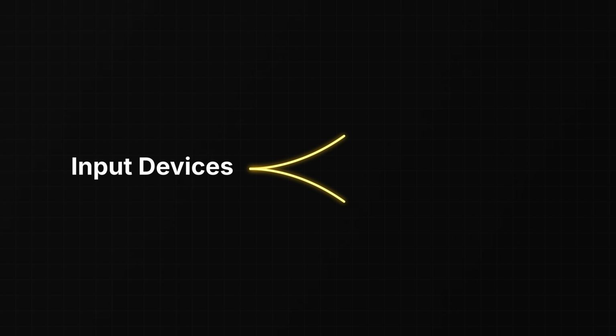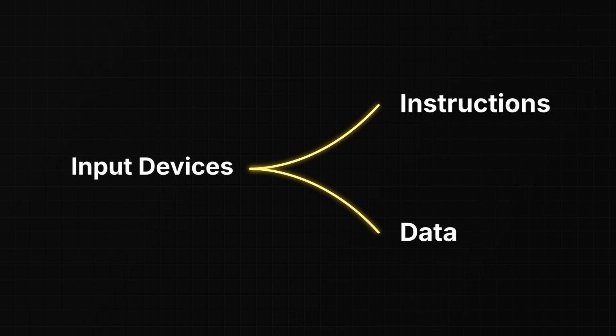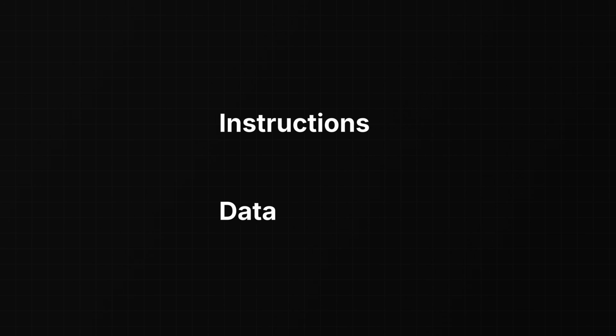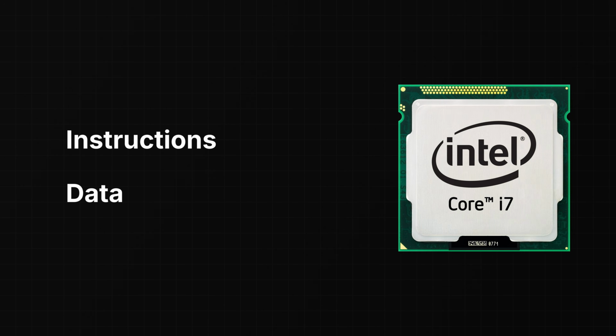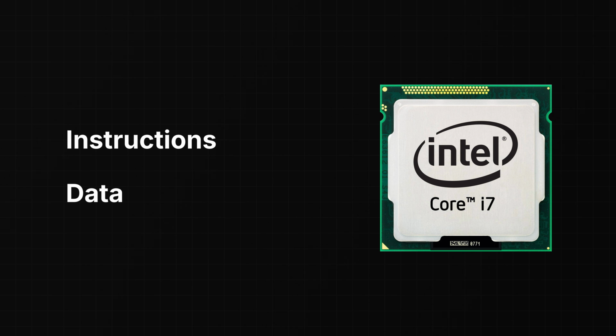A stored program computer needs to solve a couple of challenges. To identify them, let's look at its operation. Through an input device, we can input data, and that data can be both instructions and the actual data these instructions will operate on. The computer needs to fetch these instructions from memory and understand them.